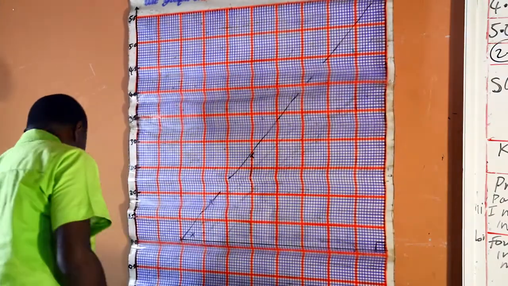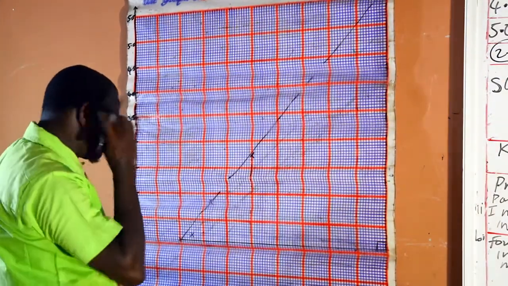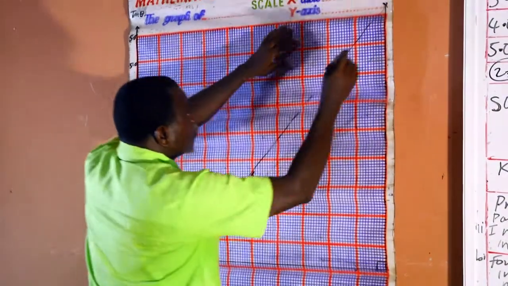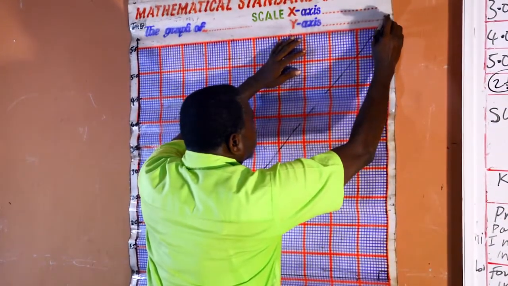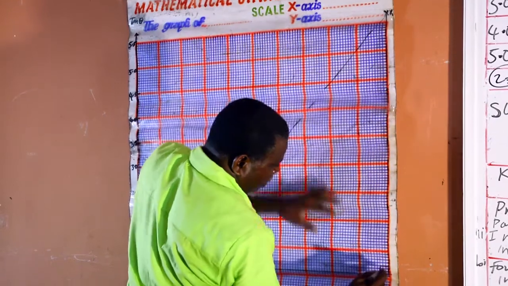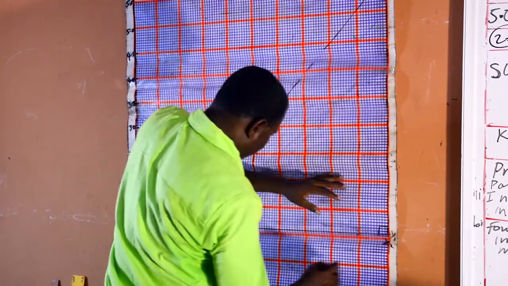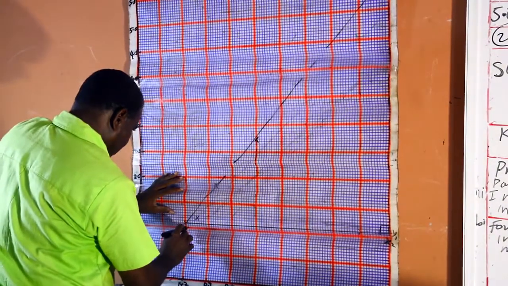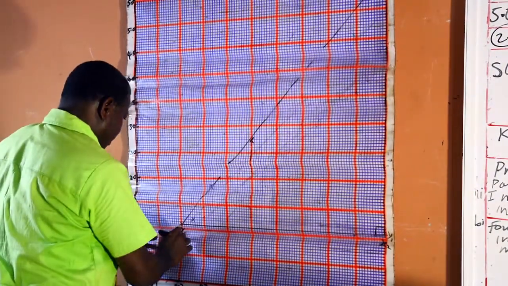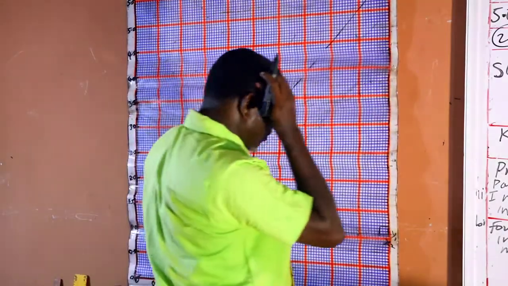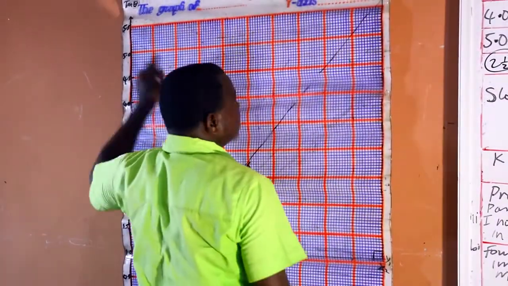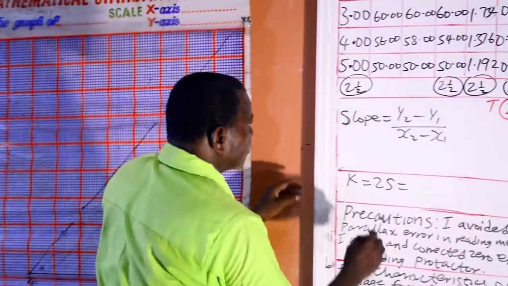This is our y2, this is our y1, this is our x2, this is our x1. So our y2 is 5.67.